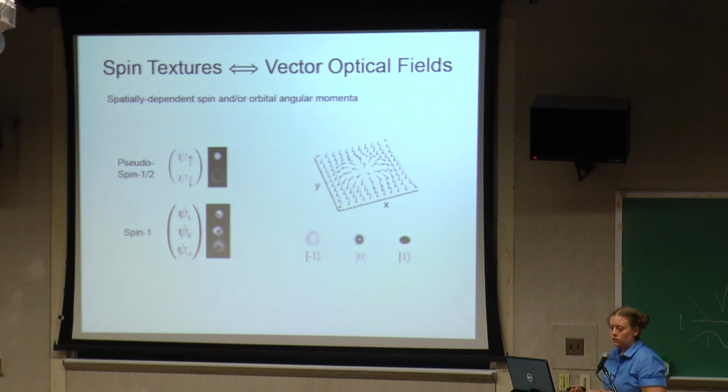And again, we've already heard about some 3-dimensional structures in light today. So this spin texture is one example where in the center of the beam, or the center of the cloud, there's only spin up population, and along the edges, there's only spin down. And so we can control this texture really well.